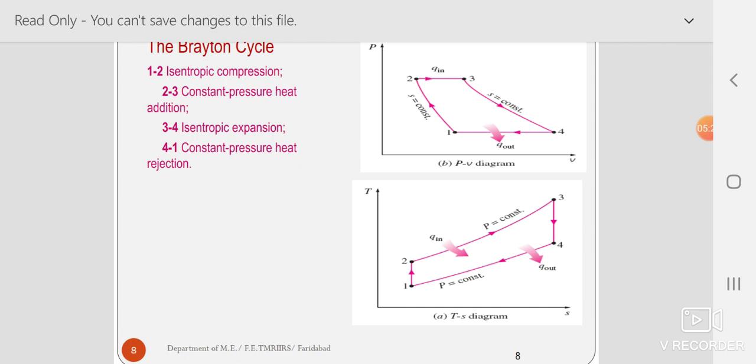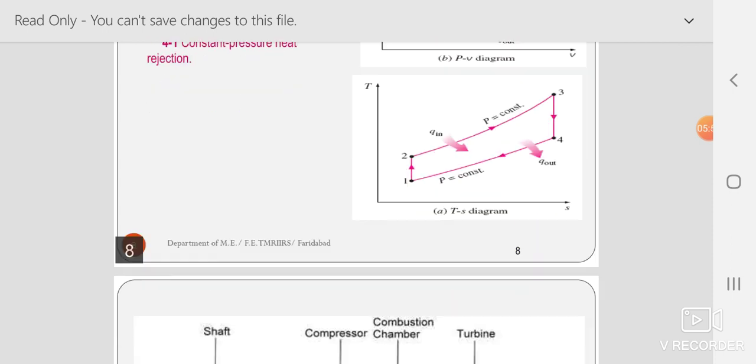S is equal to constant means isentropic, entropy is constant. And in 3 to 4 the temperature also drops. And 4 to 1 is constant pressure heat rejection. That is, P equal to constant, the heat gets rejected in 4 to 1.